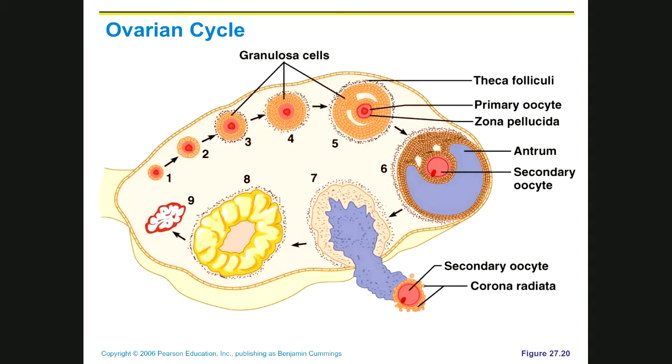And that's exactly what's happening here. So there's our granulosa cells, and they're going to make estrogen. Estrogen is going to go up. But remember, on day 14, something else is going to happen. We're going to get ovulation.